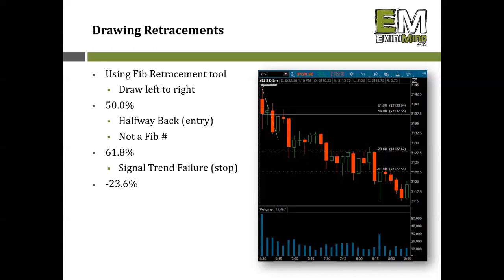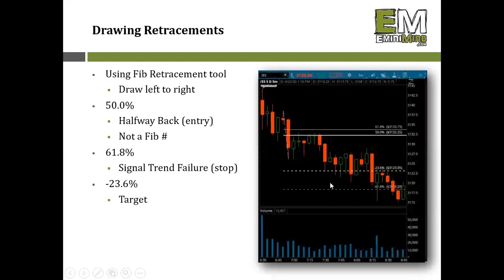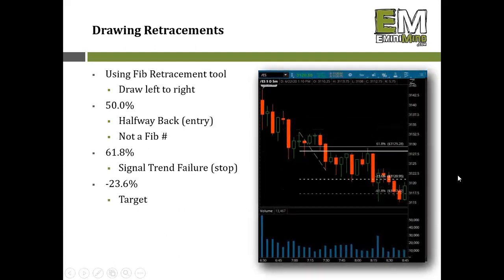And so a lot of times we'll kind of stair step our way, go from a 50% down to the negative 23.6, and then bounce up to the next 50, and then go down to the next negative 23.6. And you just continue that pattern down, down, down until you break the 61.8 and break the swing high. And so trading with the trend would look like this.